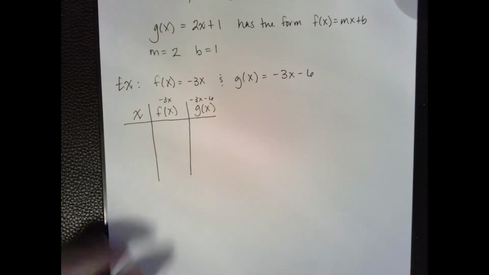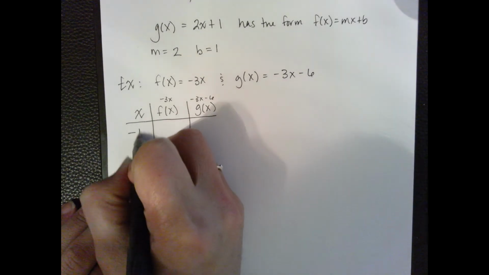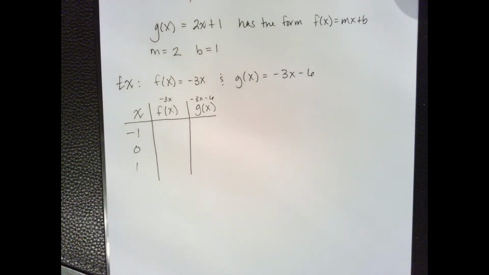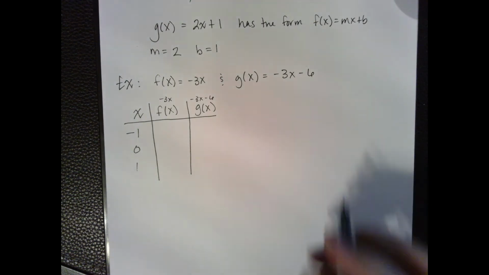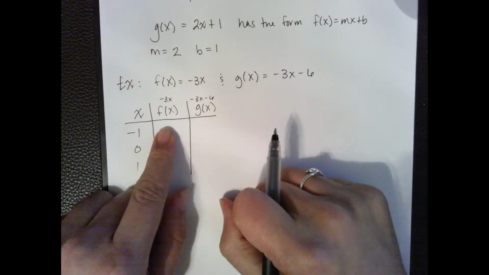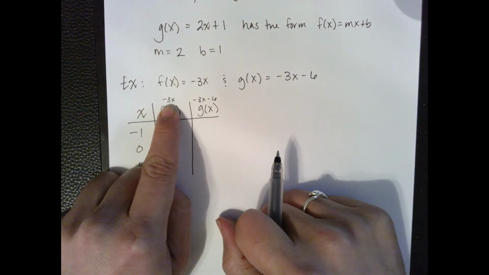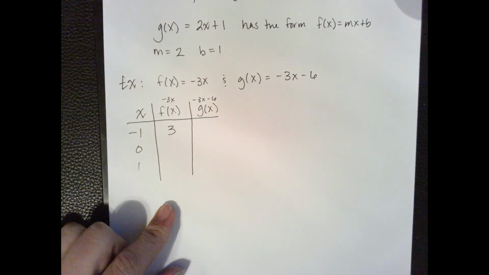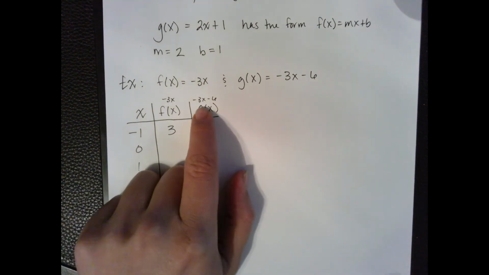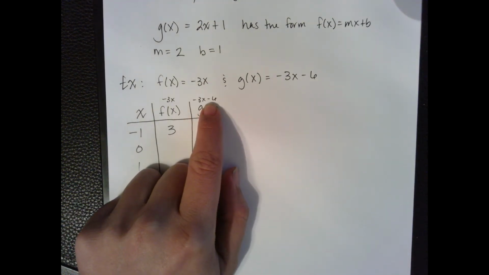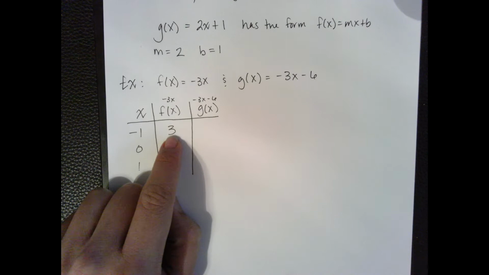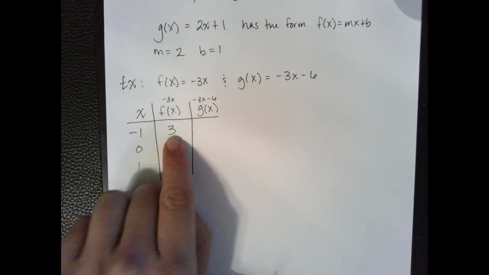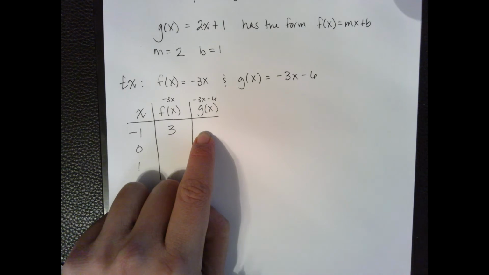Picking numbers to plug in for x, I'm going to pick negative 1, 0, and 1. First, if I plug negative 1 in here to negative 3x, I have negative 1 times negative 3. That gives me positive 3. And remember, because this starts off with negative 3x and then I have minus 6, from the last example we saw that I should be able to subtract 6 from this y value to get this value for the other function.